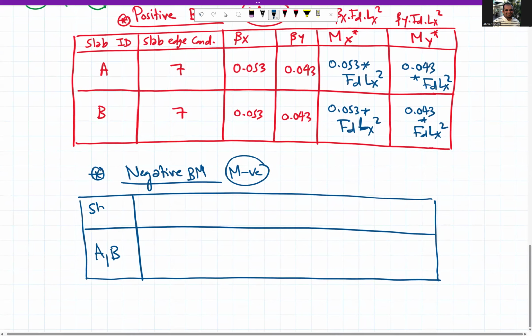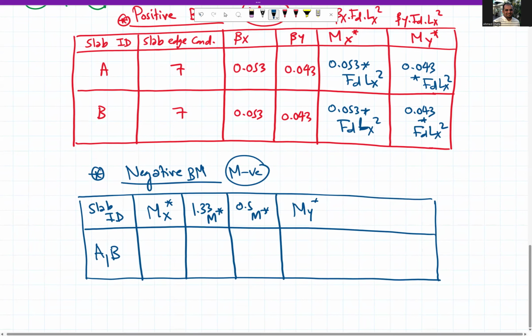This is the slab ID. Then x positive. Then we have two values, 1.33 asterisk, 0.5 asterisk. Then we have My asterisk. Then we have 1.33 asterisk and 0.5 asterisk.